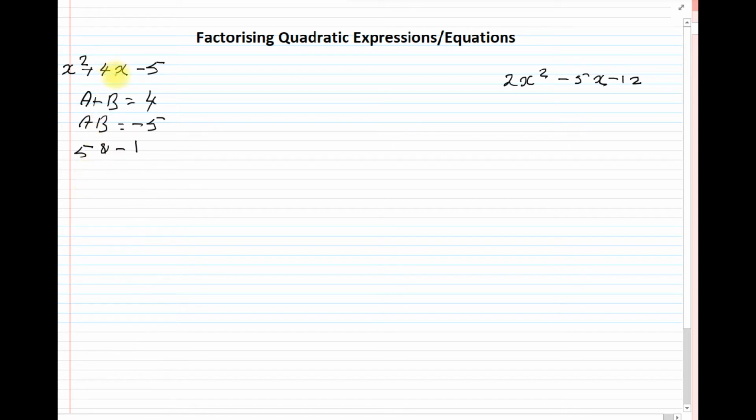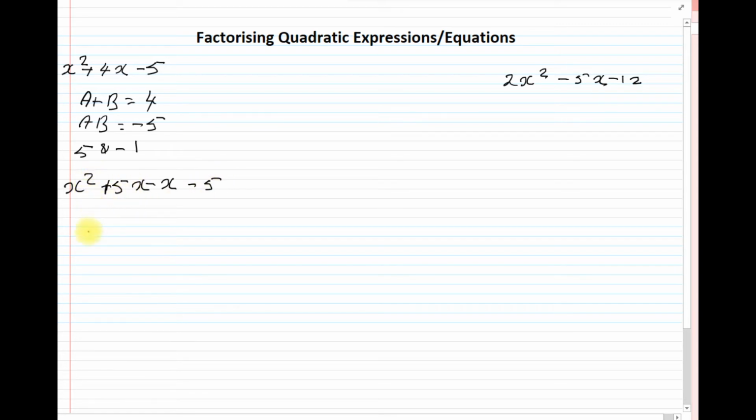So the middle term in my quadratic, I can write as plus 5x, and then minus x, and then I'm left with a -5 at the end.